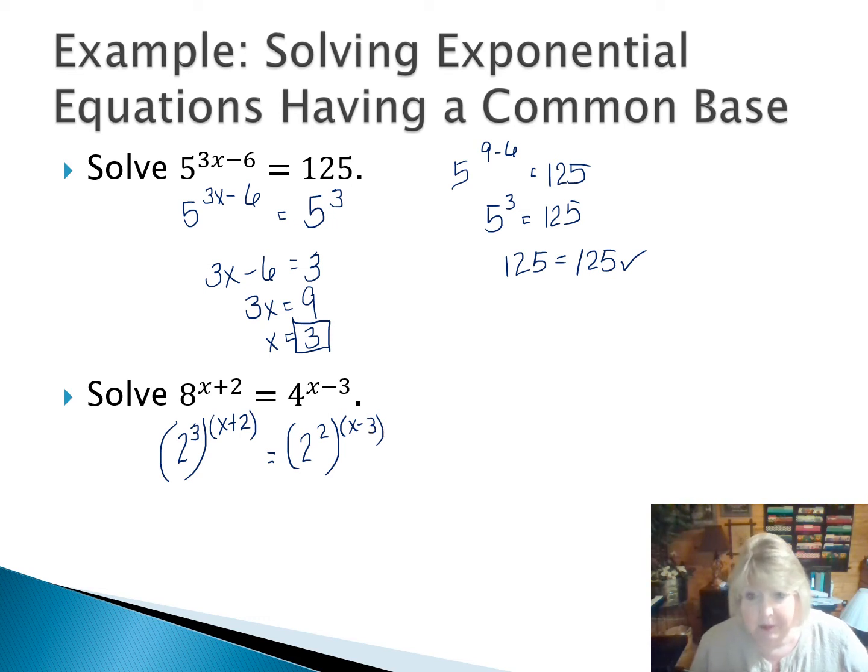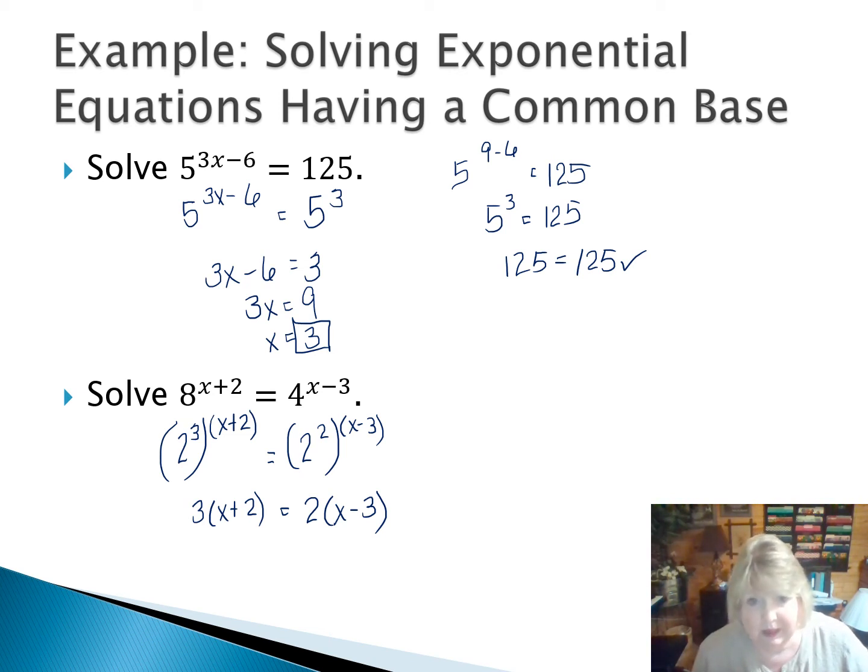Then I remember my exponential rules. When you raise a power to a power, you multiply the powers. So that's going to be 3 times x plus 2 equals 2 times x minus 3. Okay? Notice I left off my bases this time because I knew I had identical bases.